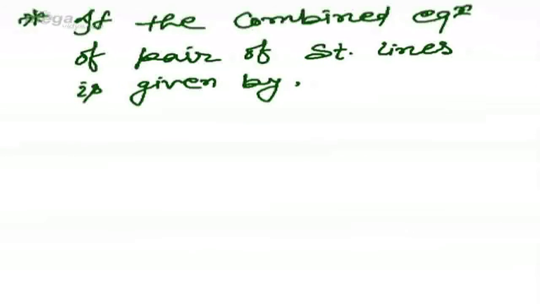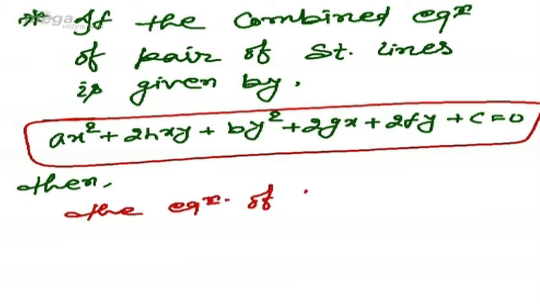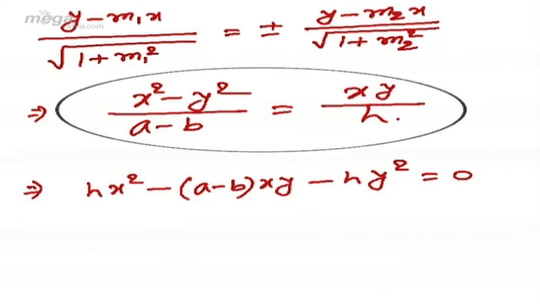Now student, if the combined equation of two straight lines is given by the general equation, that is ax square plus 2hxy plus by square plus 2gx plus 2fy plus c is equal to 0, then in that case the equation of angle bisectors is the same, just like x square minus y square upon a minus b is equal to xy upon h.